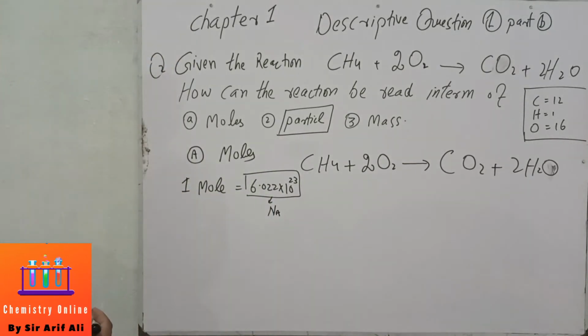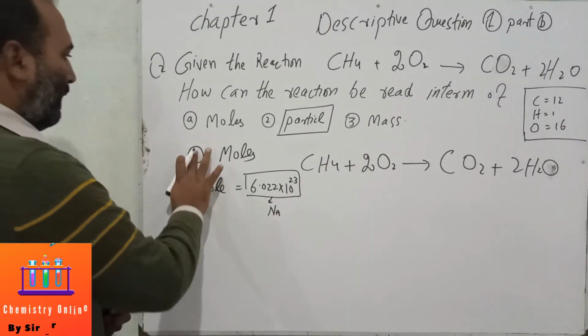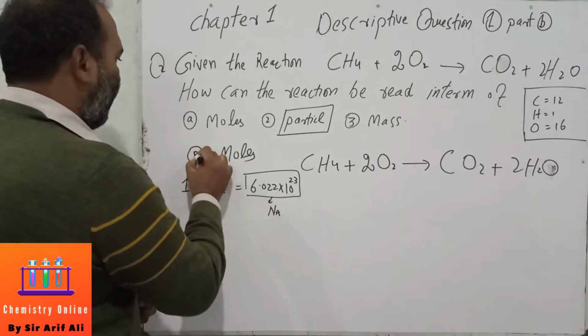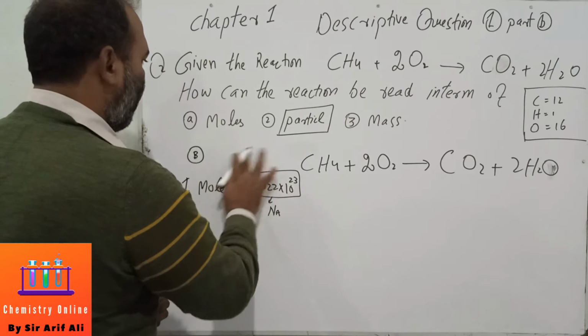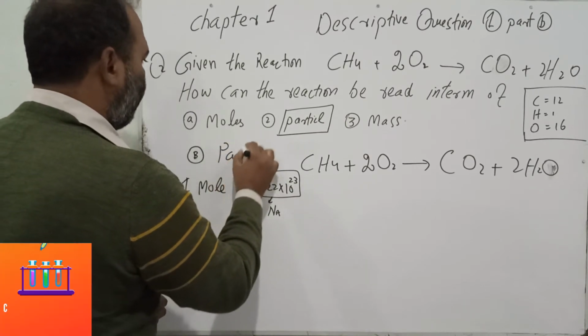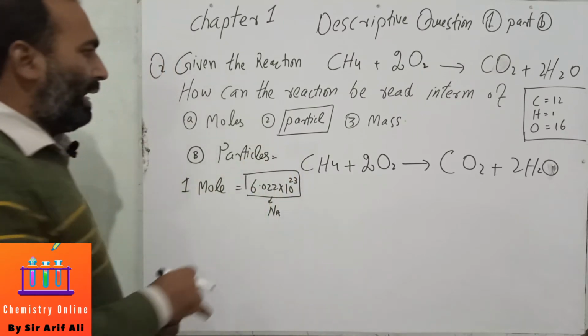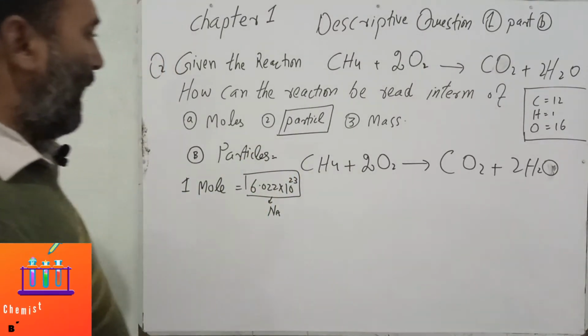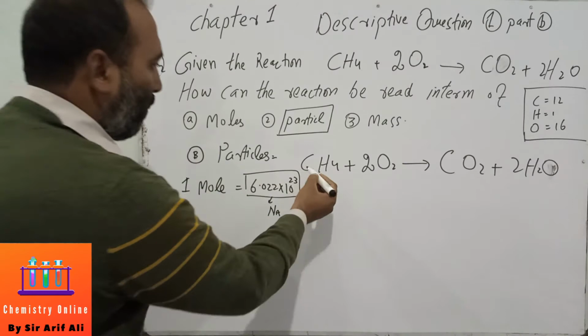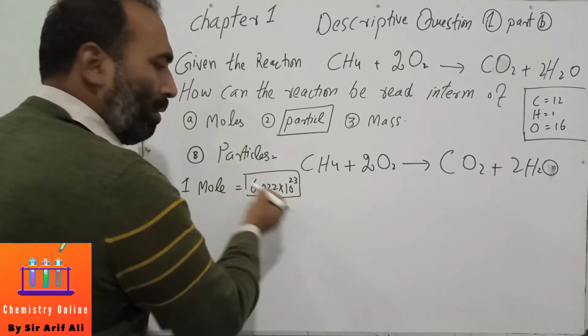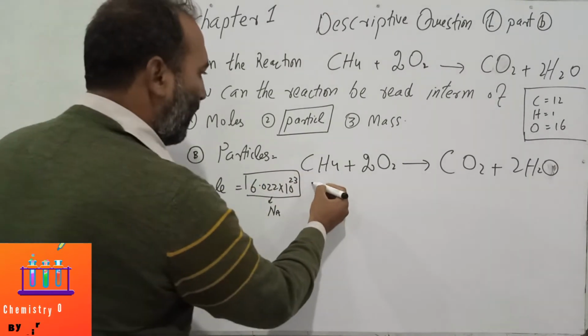So now, in order to read this reaction in terms of particles, which can be atoms, ions or molecules, what I have to do? I have to convert the moles into particles. Here we have 1 mole.